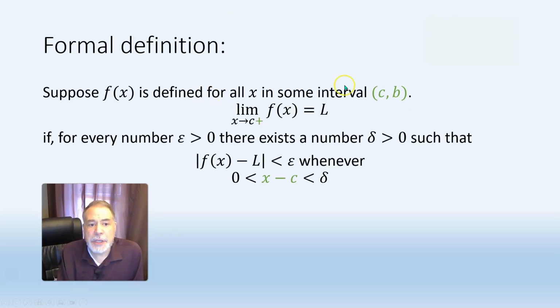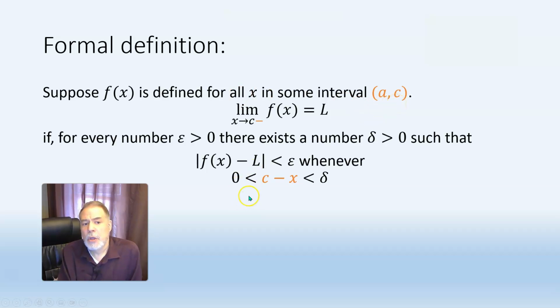So this would be the official formal definition of what it means to have the limit of f of x as x approaches c from the right be the number L. Then for the limit as x approaches c from the left, we would need f of x to be defined to the left of c, like for some interval from a to c.